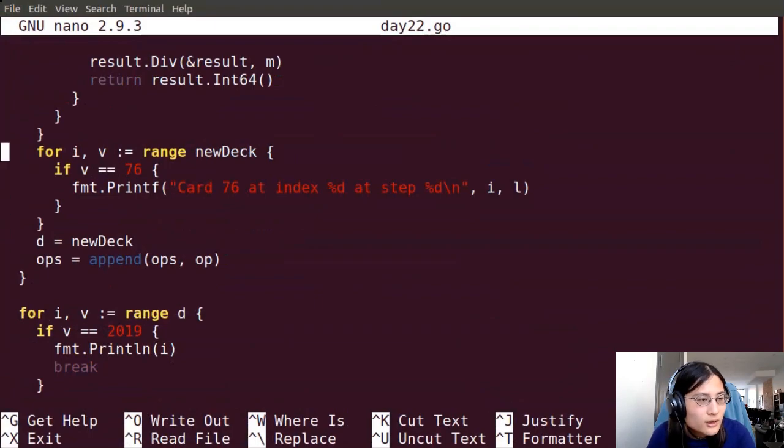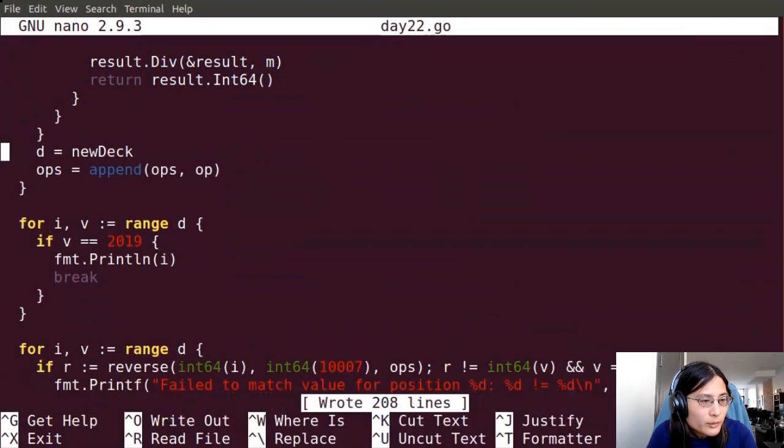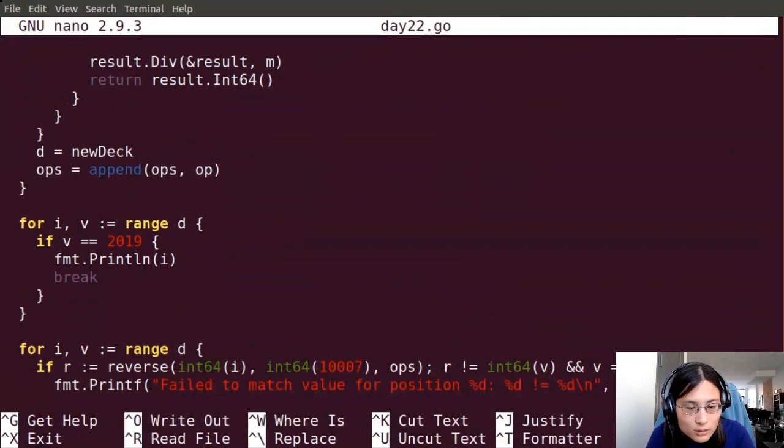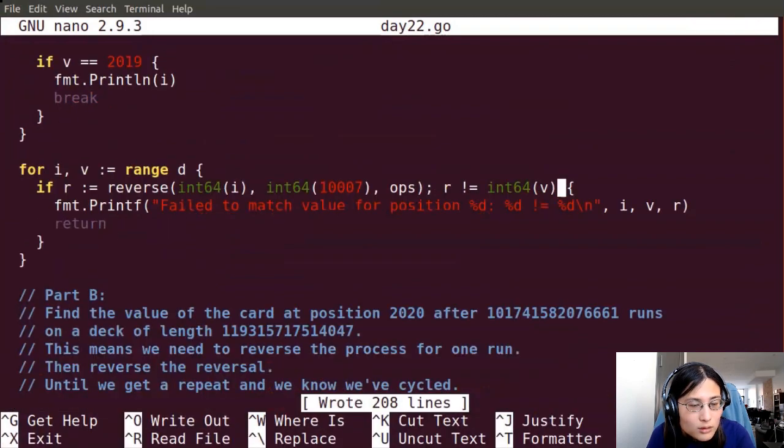So let's take out all of my debug code for now. Oh, I know why it's doing that. Okay.